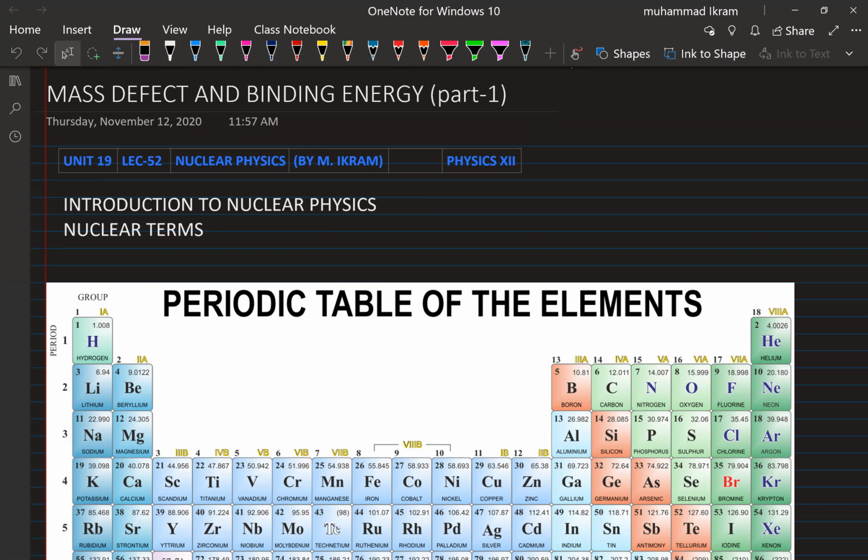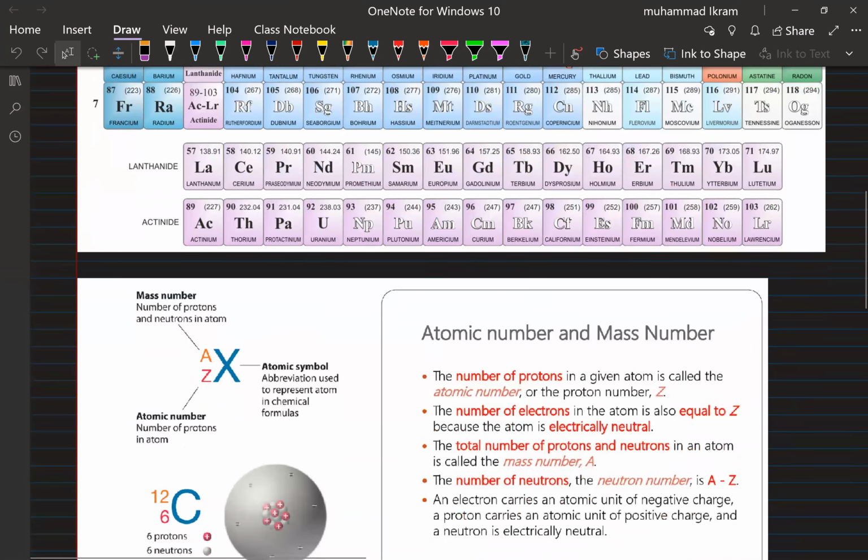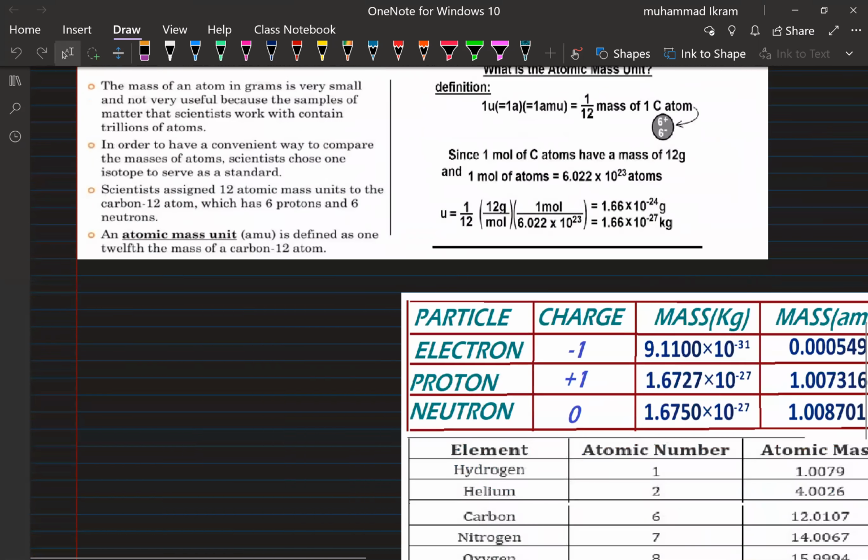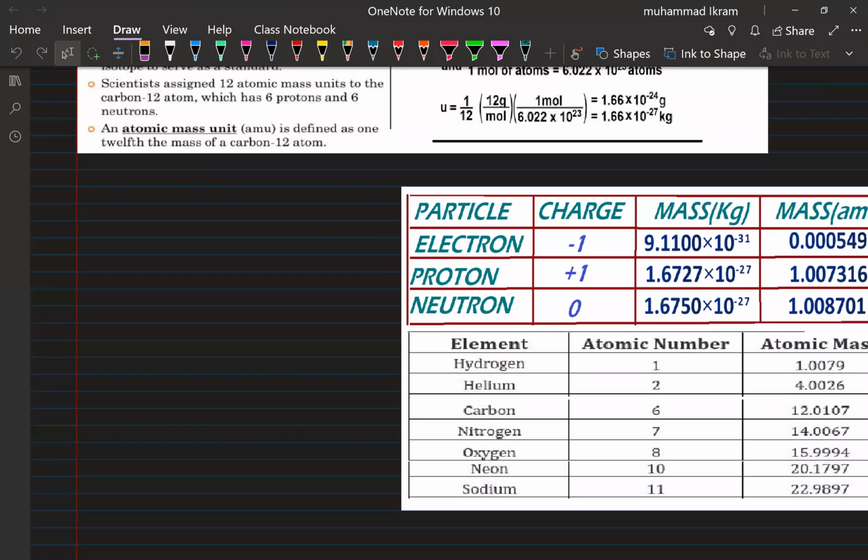The first topic is the introduction to nuclear physics. What is nuclear physics?